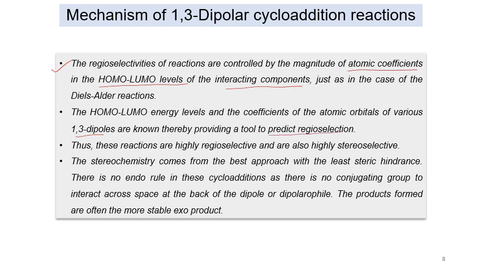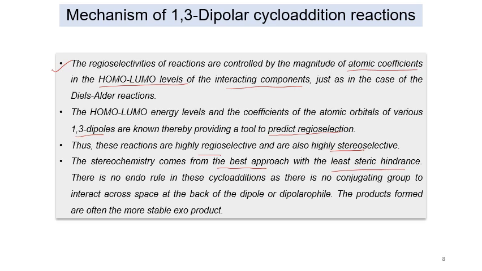Therefore, these reactions are usually highly regioselective, and in addition to this, they are also highly stereoselective. The stereochemistry comes from the best approach with the least steric hindrance. So, one would expect that the most stable product formed, which is relatively free from steric effects, will predominate.